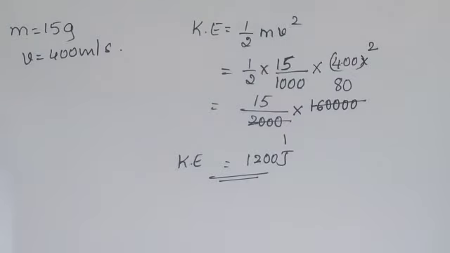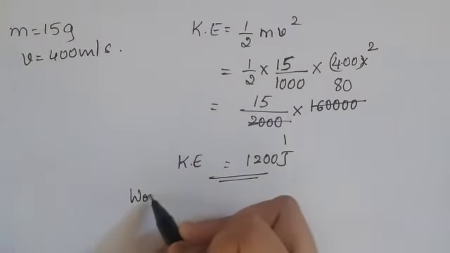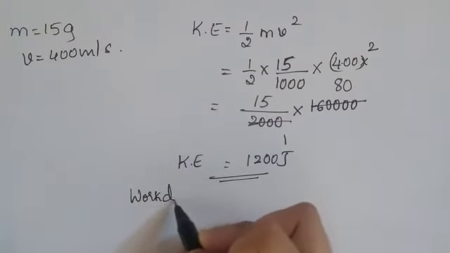Now they have told you to find the average net force acting on it. Since you know work done is equal to change in kinetic energy, isn't it? Work done is equal to kinetic energy, so here the kinetic energy I have got is 1200 joule, that is equal to work done.